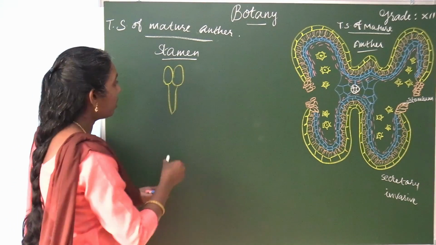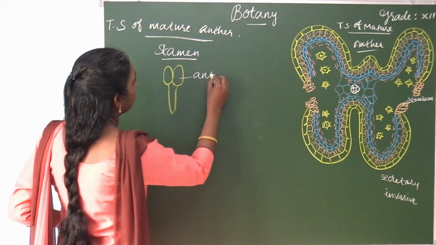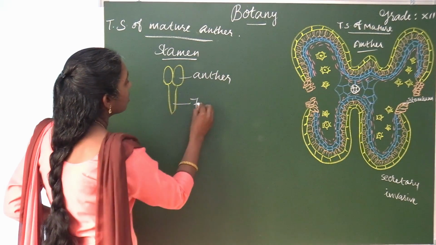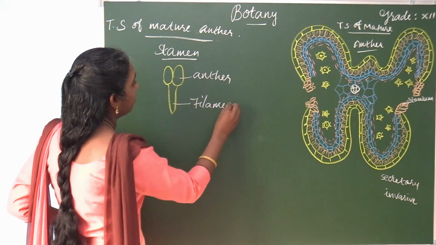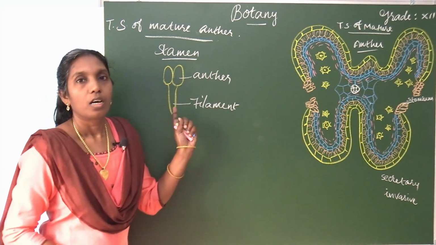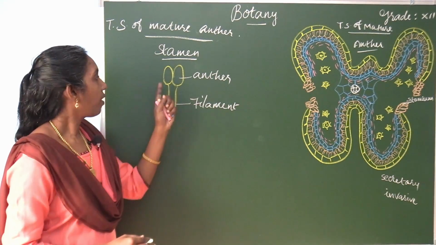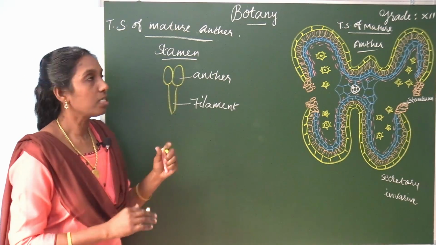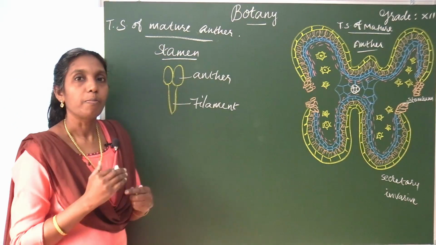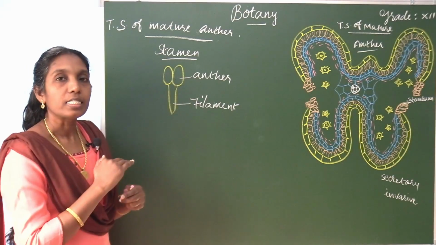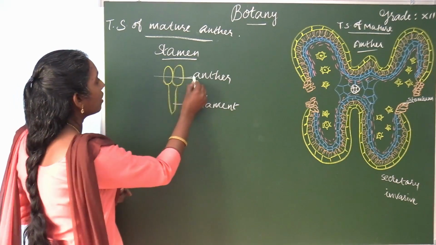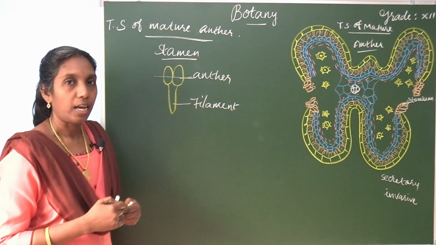This is the anther and it is filament. Now this stamen consists of anther and filament. The question is TS of mature anther, the transverse section of mature anther.